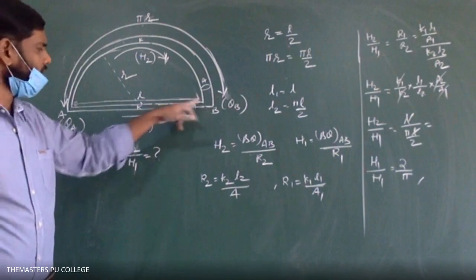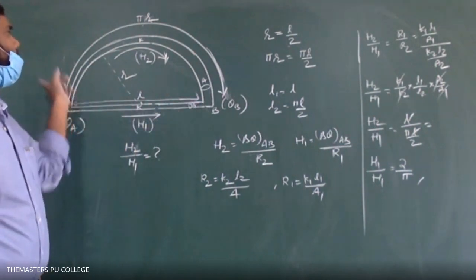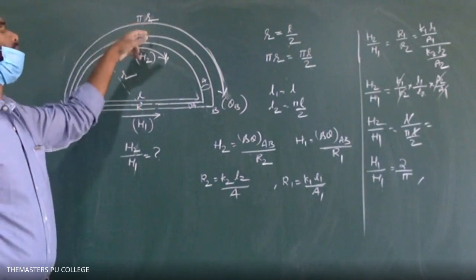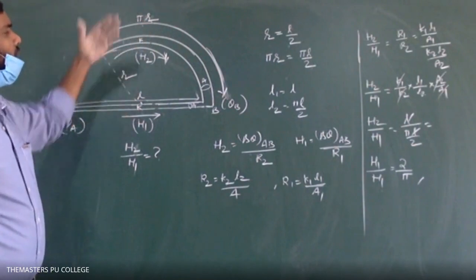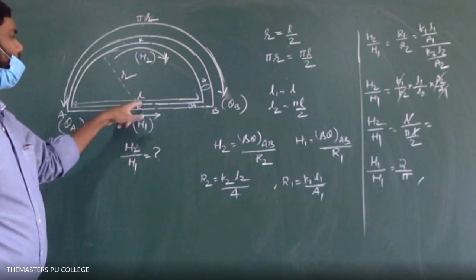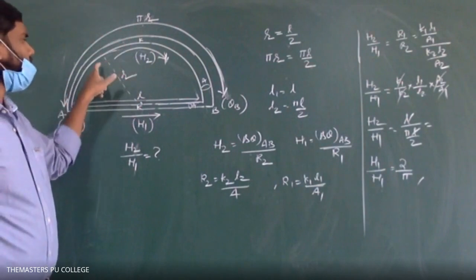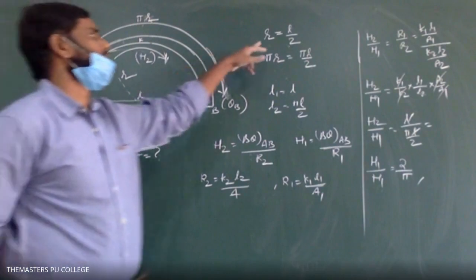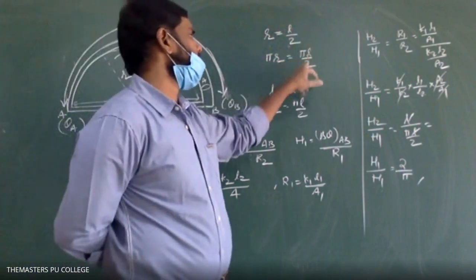So let L be the length of the straight section. What will be the length of the semicircular section whose radius is R? That will be equal to half of the circumference. Observe clearly, the radius of the semicircular loop will be equal to half of the length, L by 2, so R is equal to L by 2, then pi R is equal to pi L by 2.